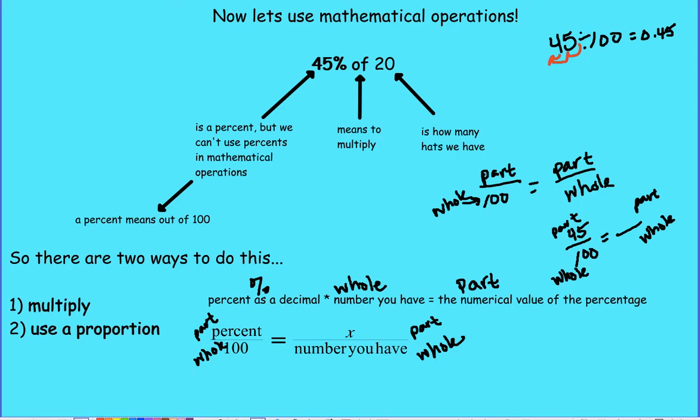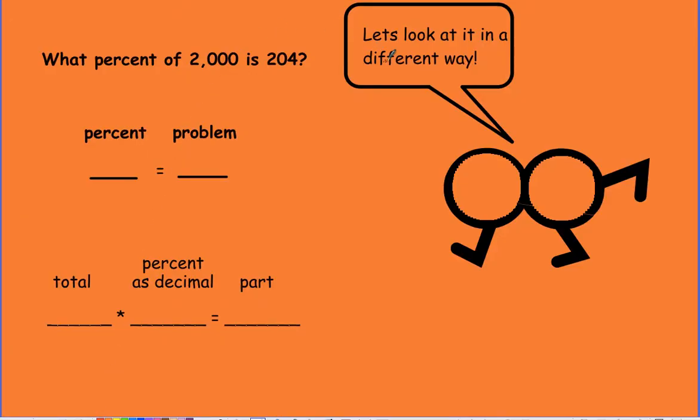All right, so the next thing that we're going to look at is just lining up our pieces. So here you have what percent of 2,000 is 204. So again, this is my whole, this is my part, and I'm looking for the percent. So my percent would be x, my whole would be 100, I would put 204 over 2,000 if it were a proportion.